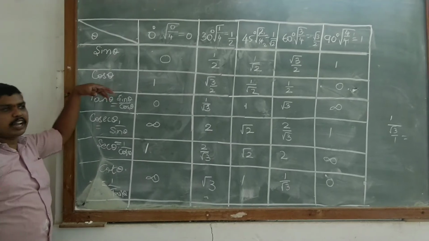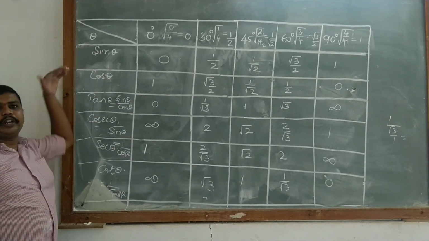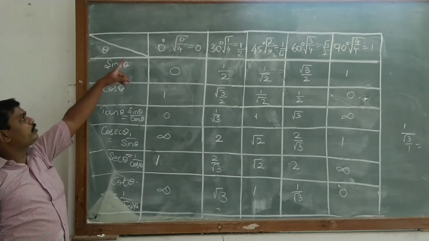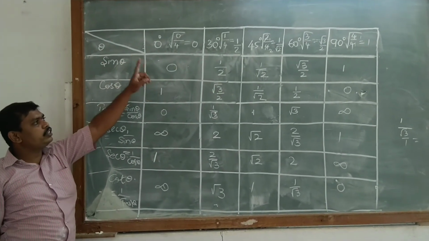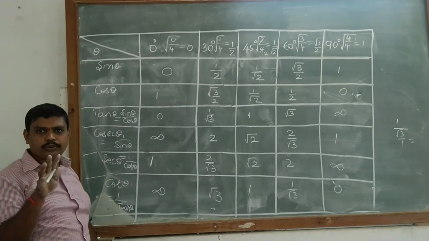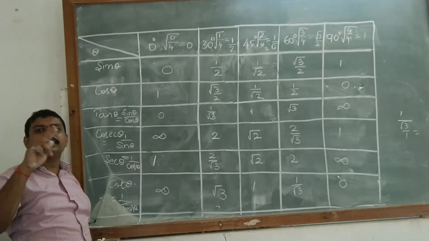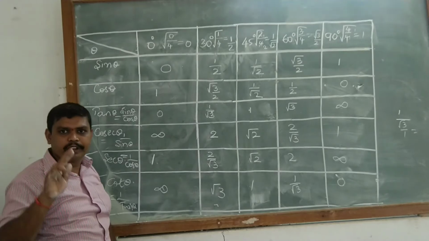Once again, we will have a recapitulation of how to remember the values, how we are going to obtain all these values. Like we have 0, 30 degrees, 45 degrees, 60 degrees and 90 degrees. What is the first primary duty which you are supposed to do? You are going to write all the numbers 0, 1, 2, 3, 4. The second step is each and every number you have to divide by 4.